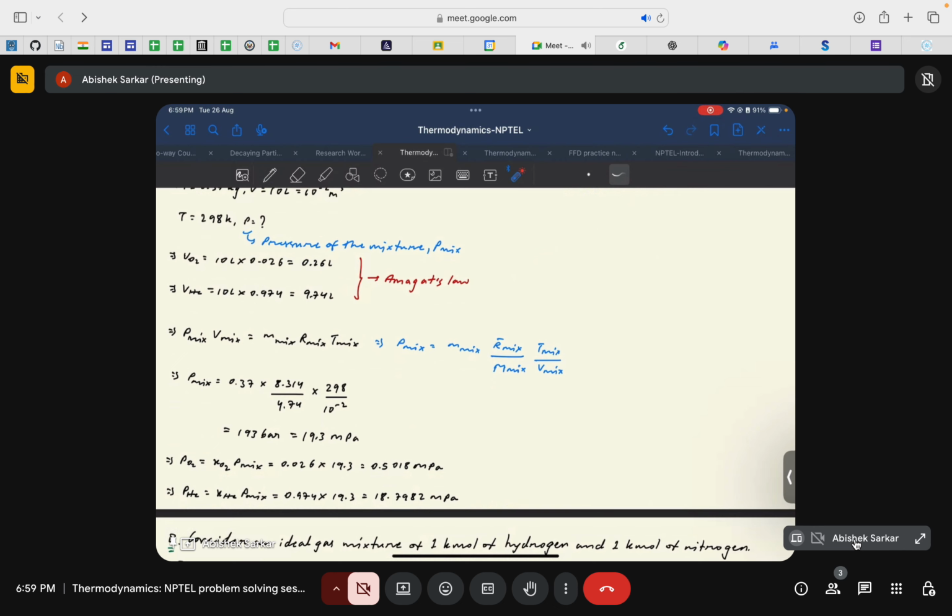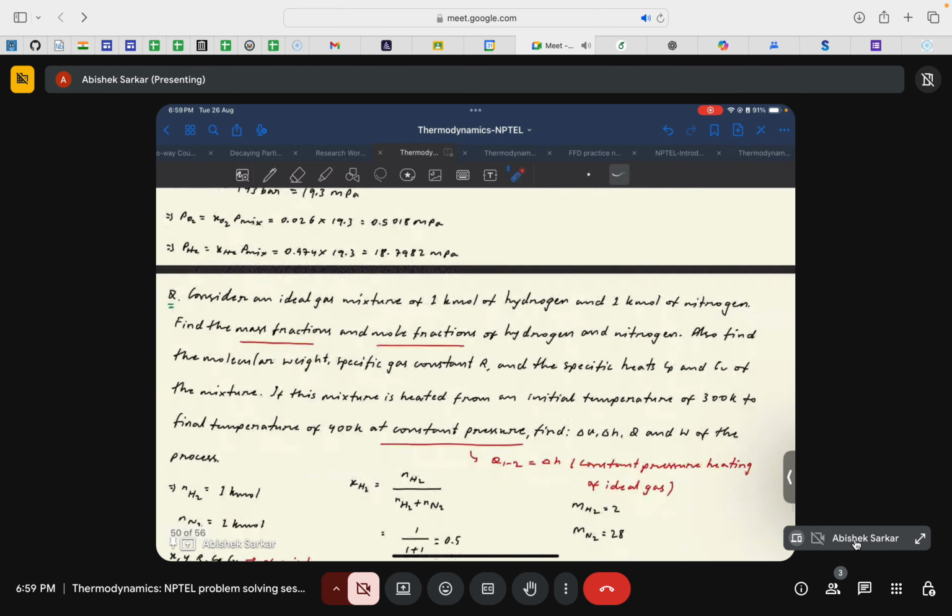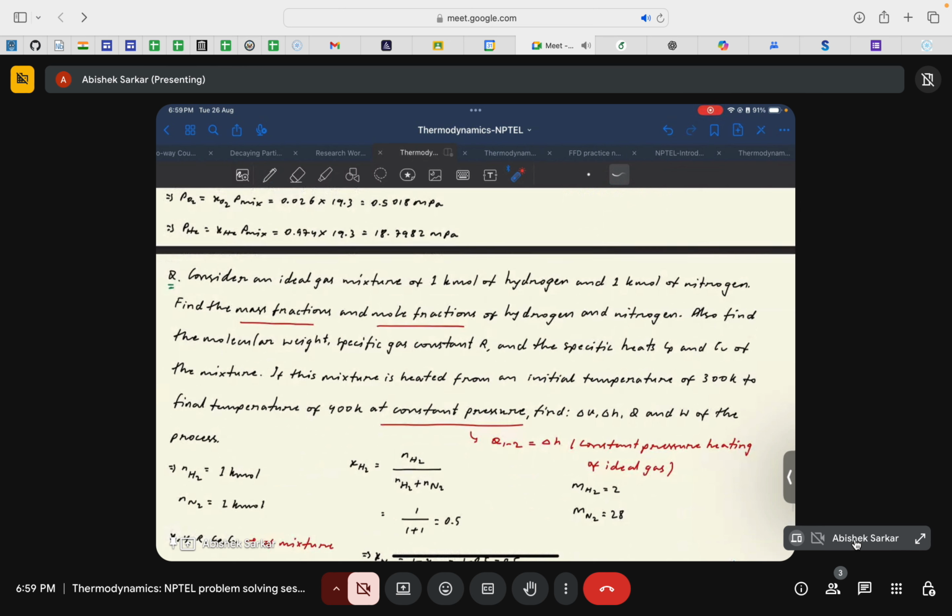So let us go to the next question. I hope this example was clear. So if there is any doubt, you can ask, or you can write in the chat box as well.